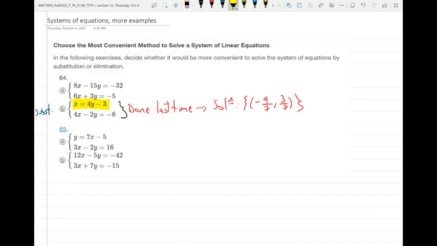Okay? Now, if you look at part A right here, if you try to use substitution, that's fine, you can do it, but what's going to happen is that when you solve for one of the variables, notice that the numbers are not going to cancel, so you're going to end up with fractions. Okay? And then when you plug into the other one, you will have to deal with fractions. So if you see something like part A, this is definitely an elimination / addition method.